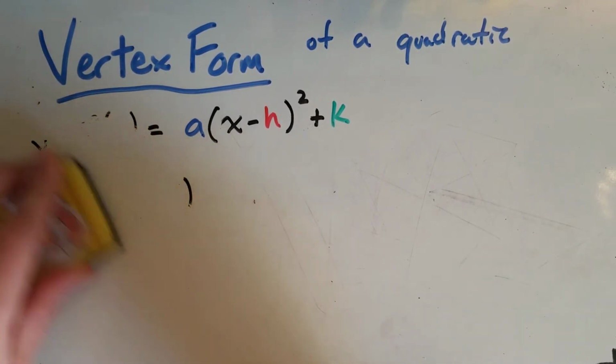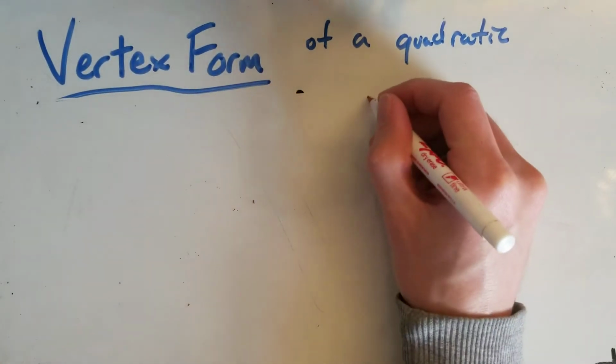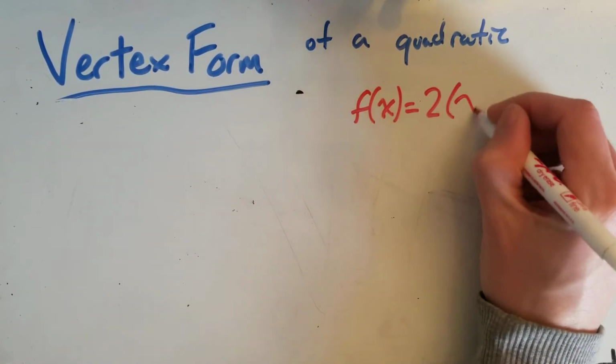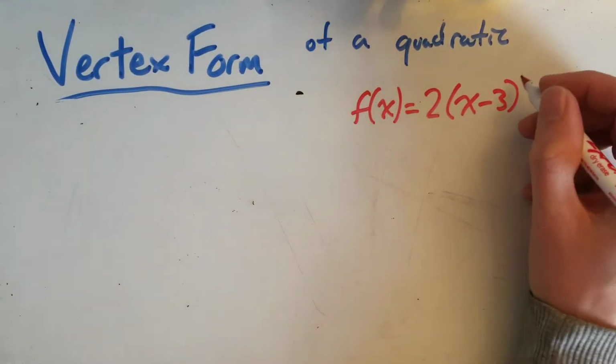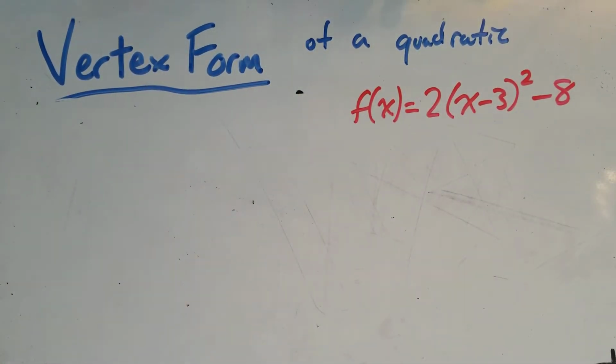So our first one that we're going to graph using vertex form is f of x equals 2 times the quantity x minus 3 squared minus 8. So notice that we are in vertex form. So right away we should be able to pull out the vertex.